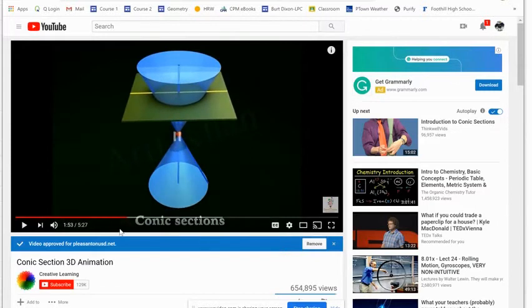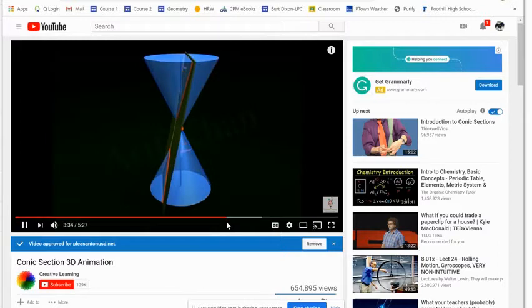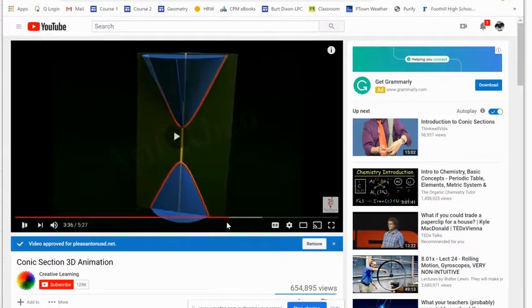And if it's horizontal, it's in the shape of a circle. If the plane intersects both the upper cone and the lower cone, then it creates what we call a hyperbola. So we'll learn that in the next section, 10.3, I believe.